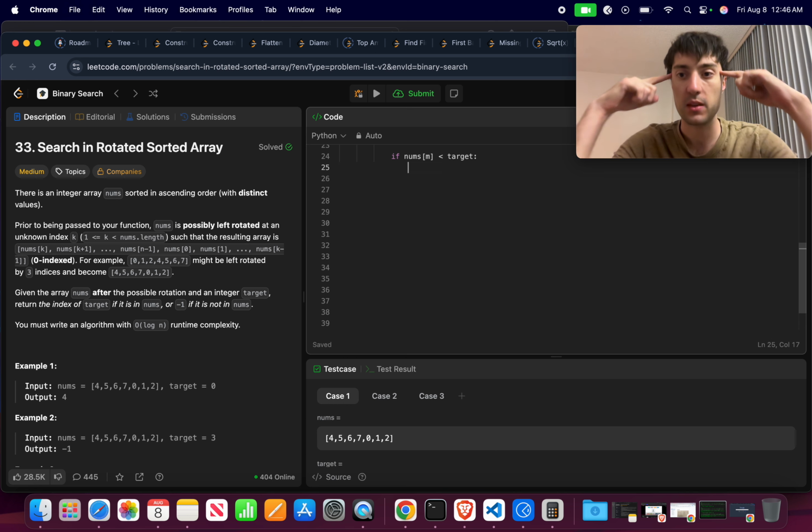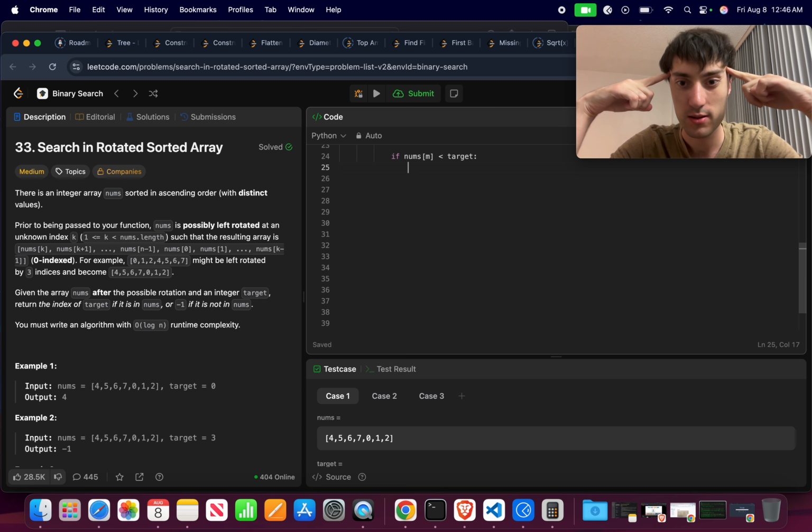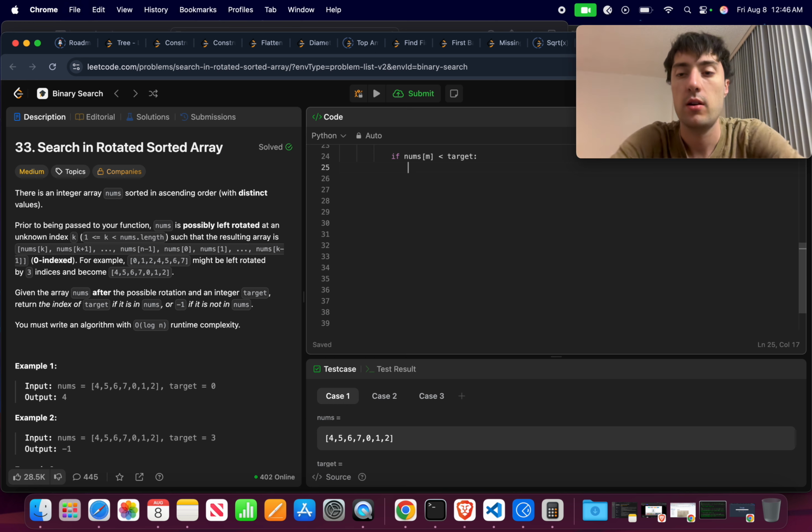Okay. So nums of m, or so the midpoint is smaller than the target.